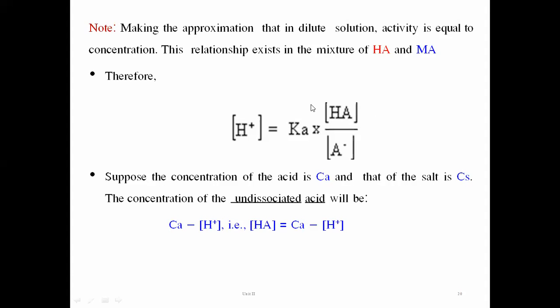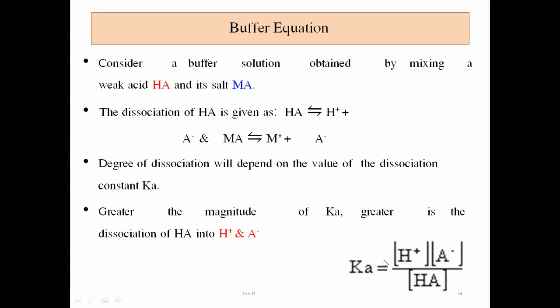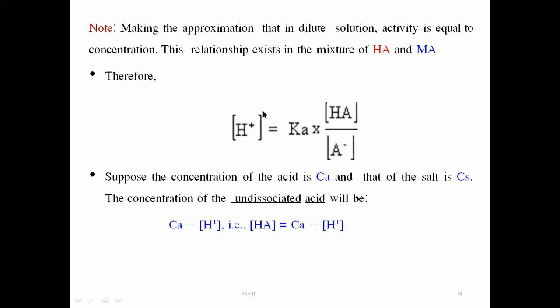See here what we have done. We have written the equation for the acid dissociation constant Ka. Then we have written the rearranged equation by taking H+ ions on the left-hand side: Ka multiplied by HA divided by A-.